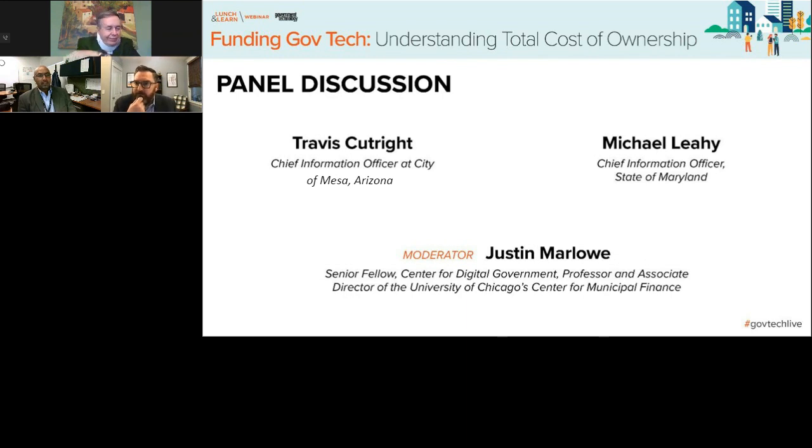Yeah, the one thing I wanted to add, and I should have mentioned it earlier, an investment in technology should always include efficiency gains, right? And so then we need to be able to quantify what those efficiency gains are, because those are real dollars also that will offset some of the other costs.